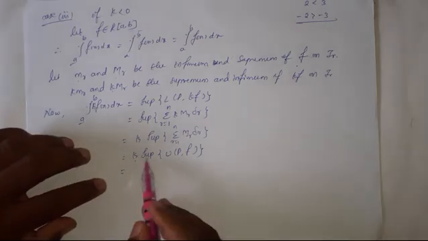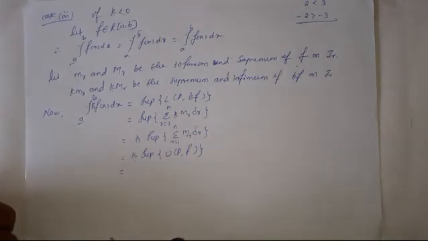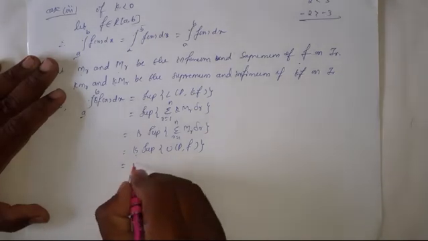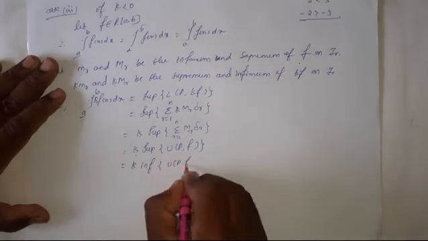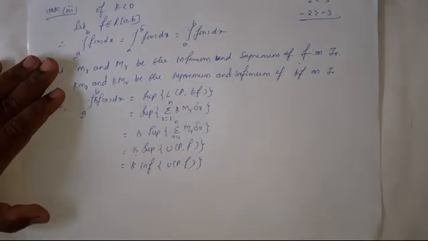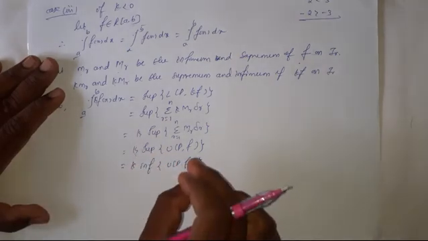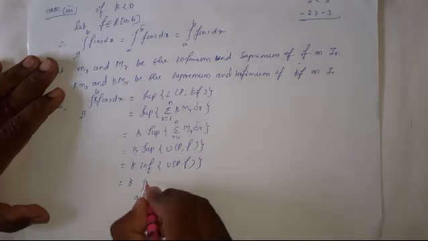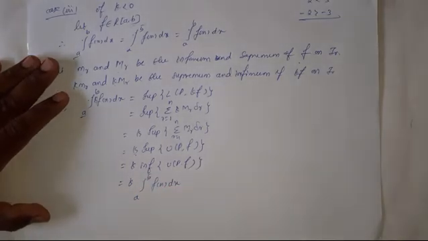So therefore whenever we are multiplying by a negative sign, the supremum becomes the infimum and the infimum becomes the supremum. So therefore this becomes k into the infimum of UPF, because of the condition that k is a negative value. So therefore this becomes k into the integration over a to b bar f of x dx, right?